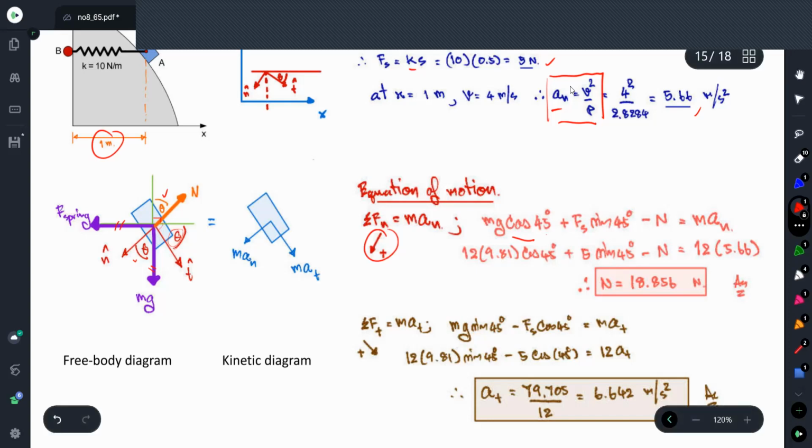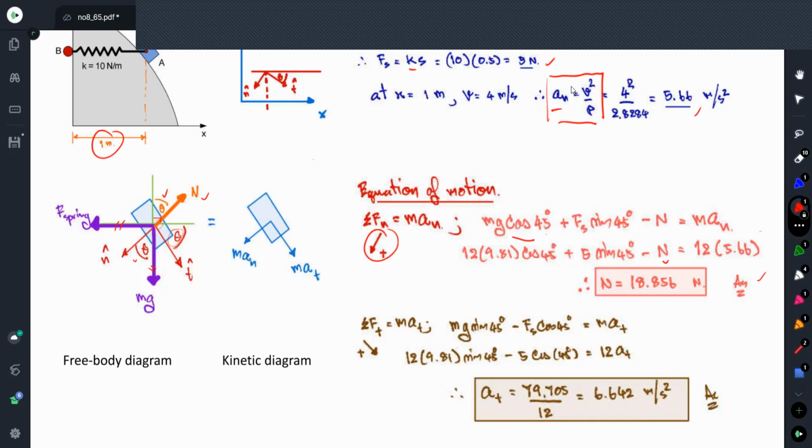And Fs sine theta, minus normal force here, is equal to m a_n. Okay, and after we substitute these values into this equation, we can solve for N, that is now N equal to 18.856 Newton. Okay, it is complete for this part.